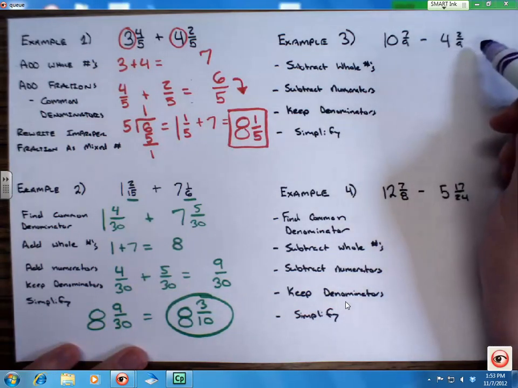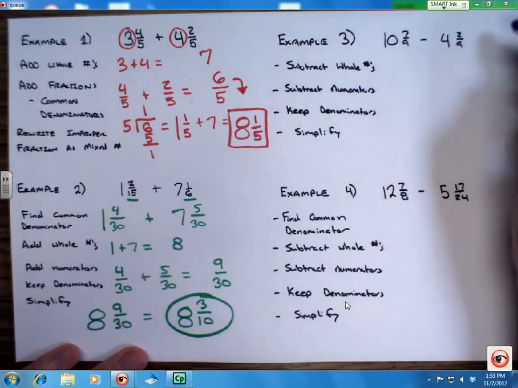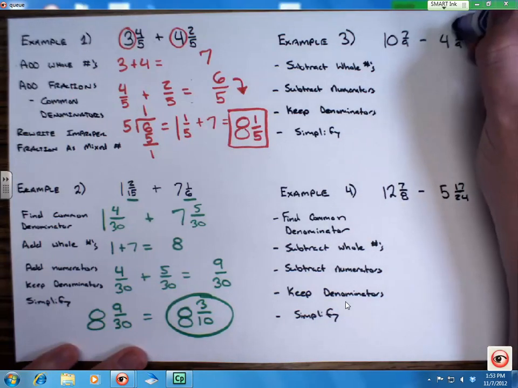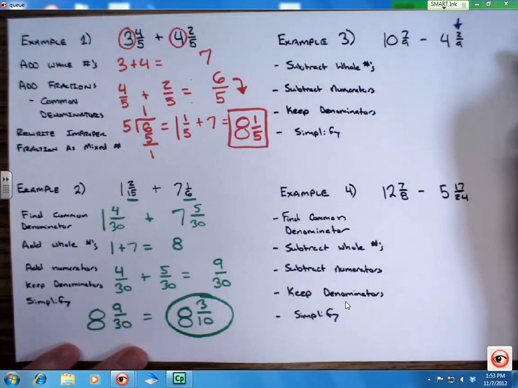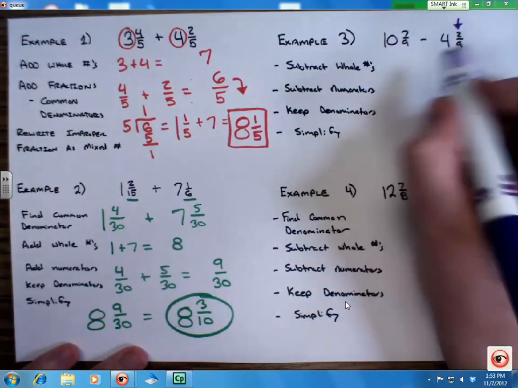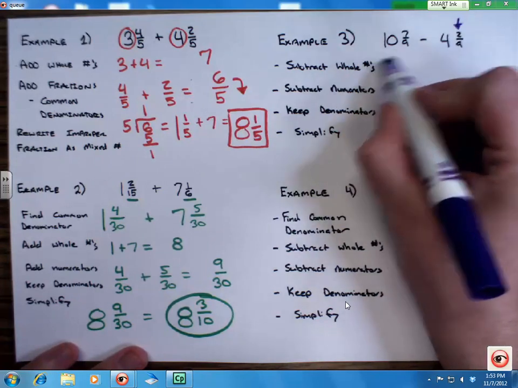Then the next thing that I would do is look to see if this number over here on the right side is smaller than the number on the left side. As long as it is, we can continue on. If not, we will have to borrow from our whole number, which we don't have to do today, so we can move on. Okay, let's subtract our whole numbers.